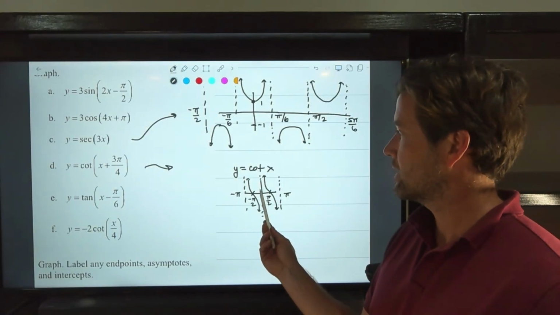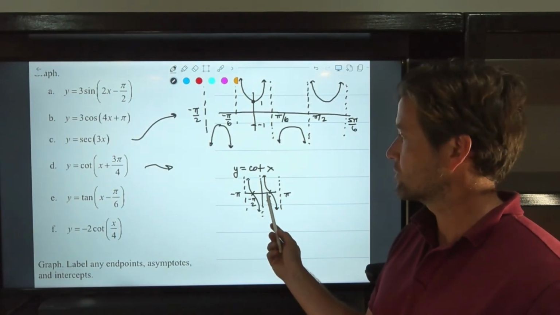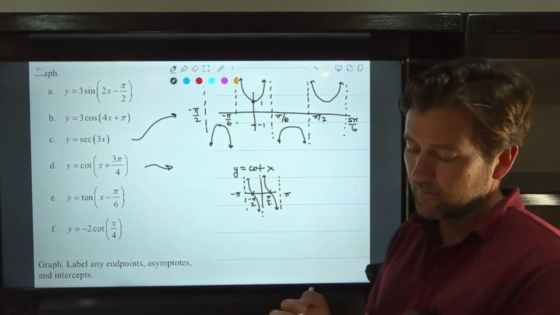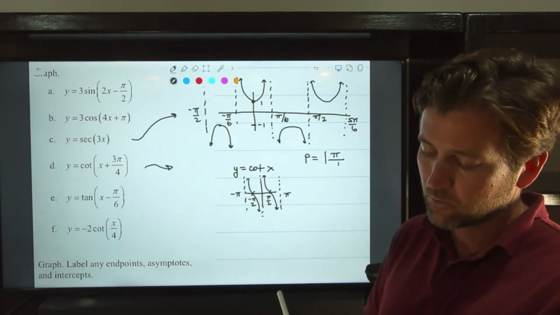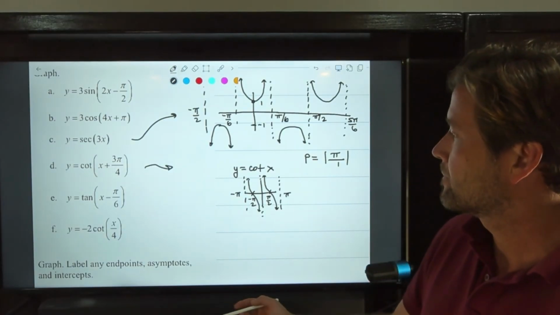From asymptote to asymptote is a full period for the cotangent and tangent functions. So from 0 to pi, the period of this function is pi divided by the absolute value of the coefficient of x. So this coefficient is a 1 here, so the period is pi.